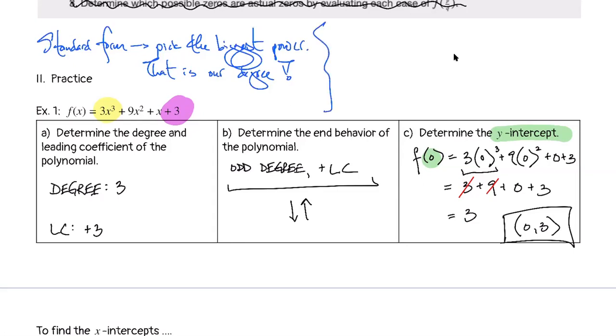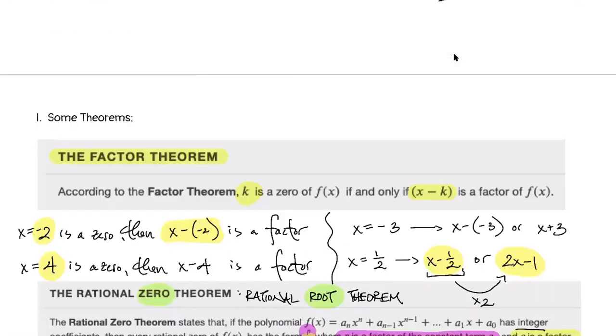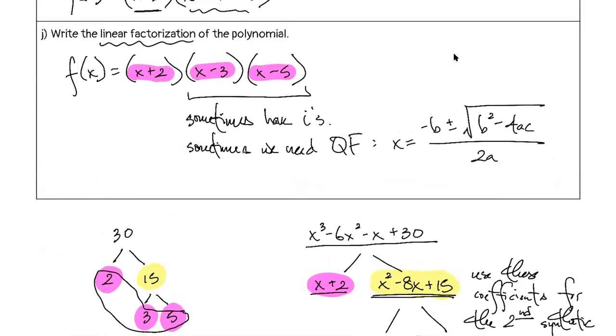Now, if we think about factored form, factored form would be like this, f of x. You see how it's already factored, right? What's the power for this x plus 2? Well, it's a 1. This power is a 1.